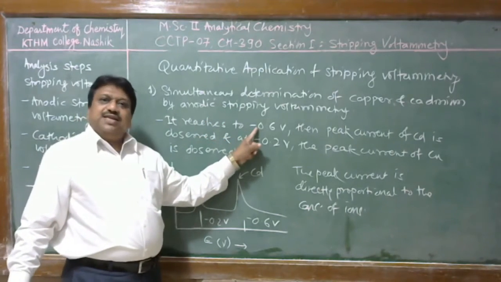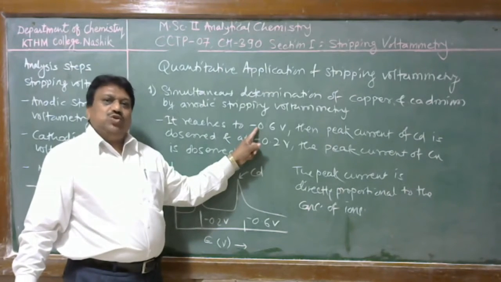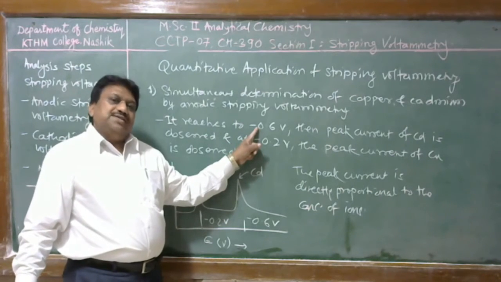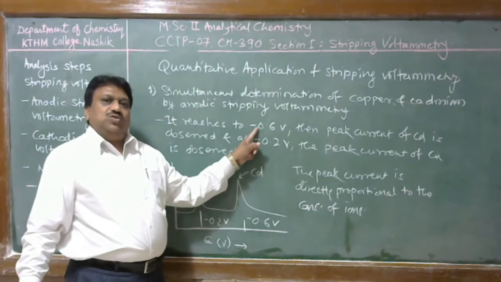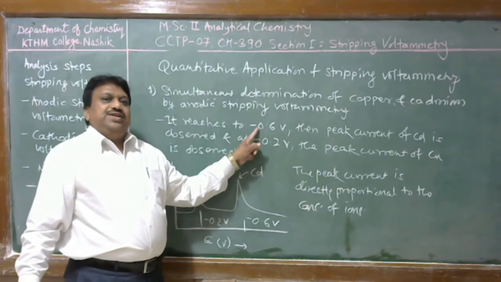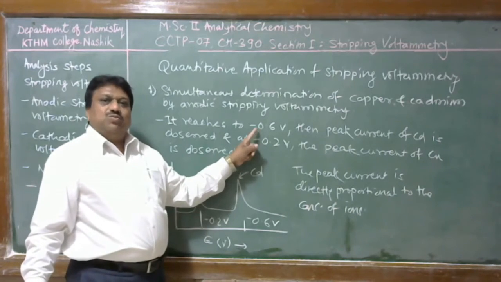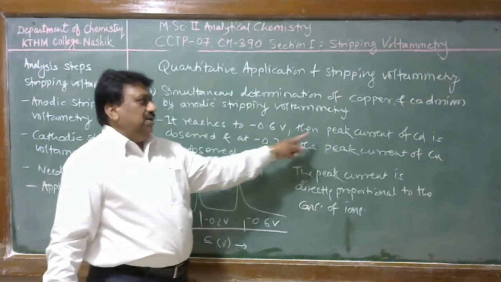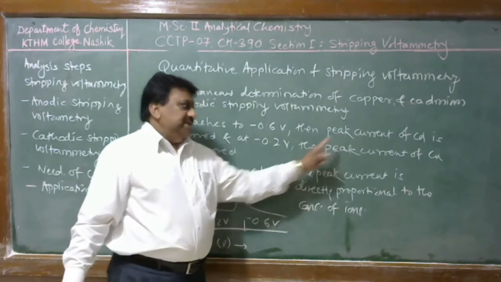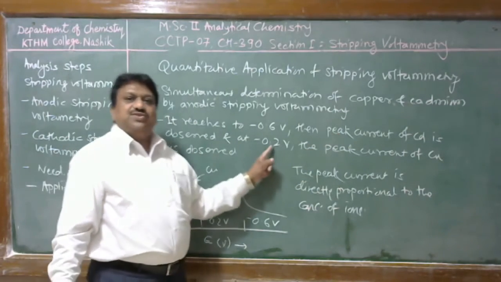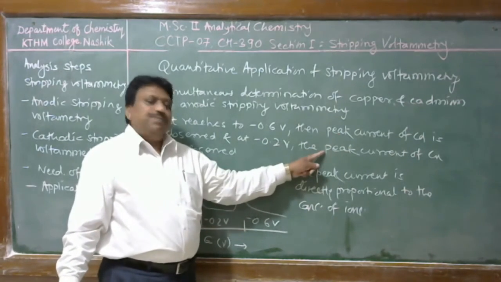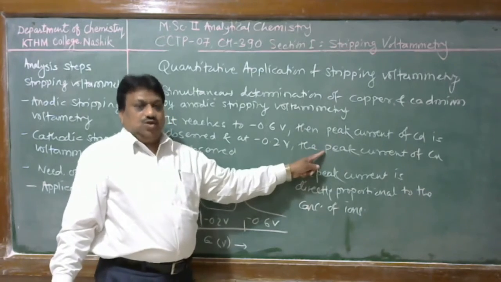Initially, the potential is kept at minus 1.0 volt so that copper as well as cadmium get concentrated onto the mercury drop. Then the potential is scanned in the opposite direction. When it reaches minus 0.6 volt, a peak current for cadmium is observed, and when it reaches minus 0.2 volt, the peak current for copper is observed.